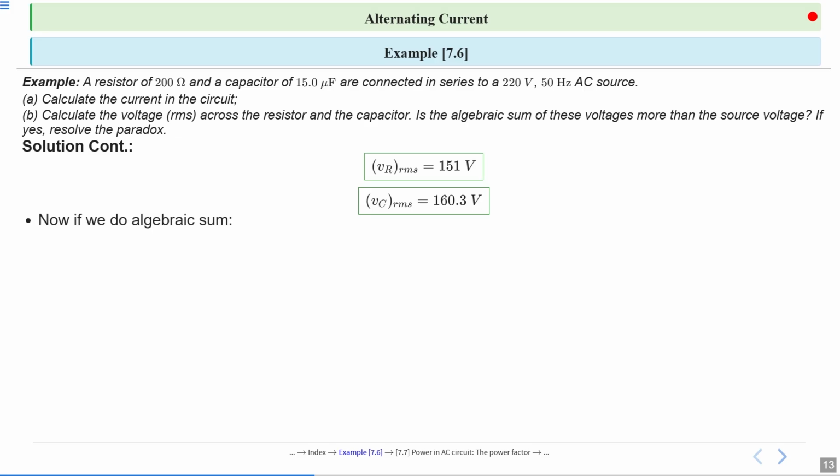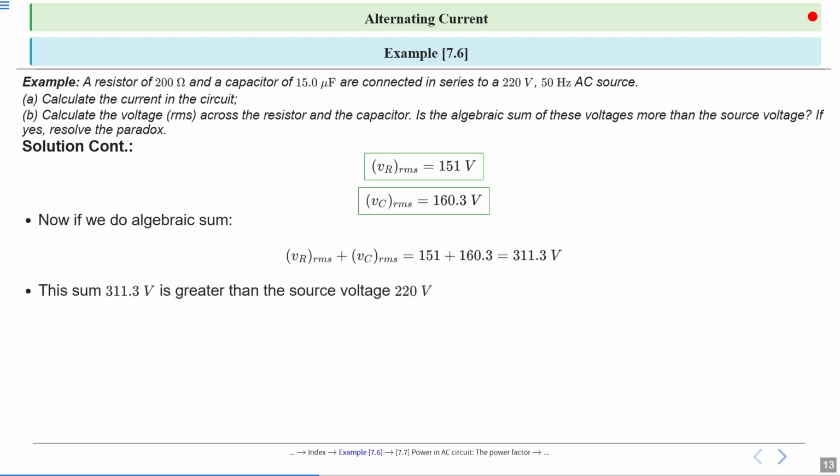After taking algebraic sum, VRRMS plus VCRMS is equal to 151 plus 160.3, which is equal to 311.3 volt, which is not equal to the RMS value of the source. It is more than the RMS value of source. What is the RMS value of source? That is 220 volt. What is the calculated value? We have calculated by taking simple algebraic sum. It came out to be 311.3, which is more. Then how can we resolve the paradox? What mistake are we making?